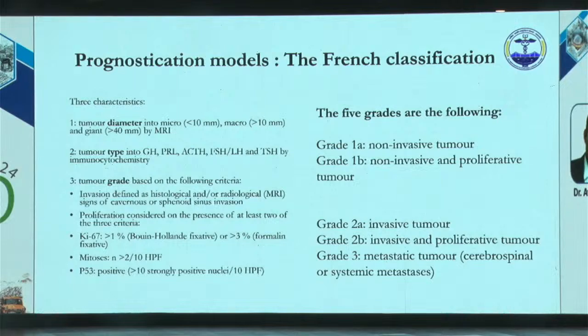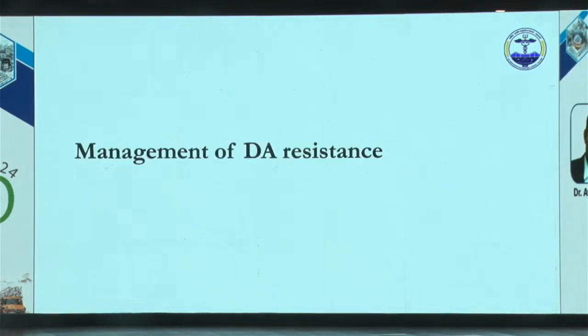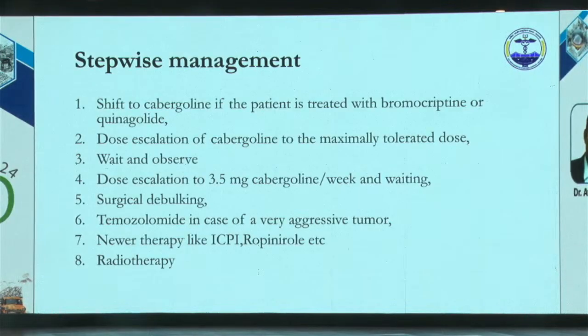So apart from clinical, lots of pathological, immunohistochemistry and genetic markers are available to see if you can have a resistant prolactinoma. So now you know that in your hand you have a resistant prolactinoma, you need to treat that patient. So what can be the options while treating a resistant prolactinoma? This is the usual standard management and steps which we can take.